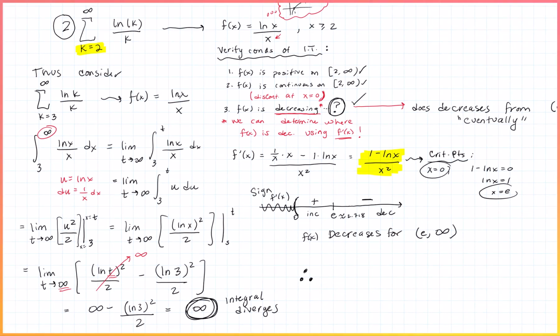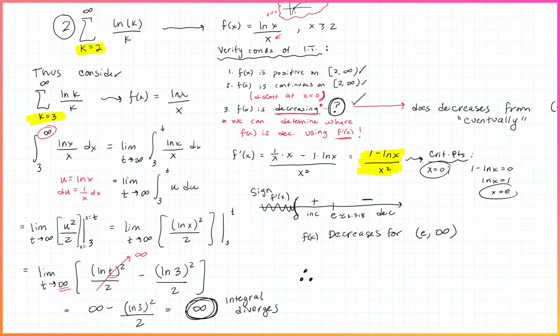So once again, back to the fact that we had to bump out that start point from 2 to 3. The integral that we looked at was only from 3 to infinity. But when we're considering the series, if the series from 3 to infinity is diverging, then the series from 2 to infinity will also diverge.